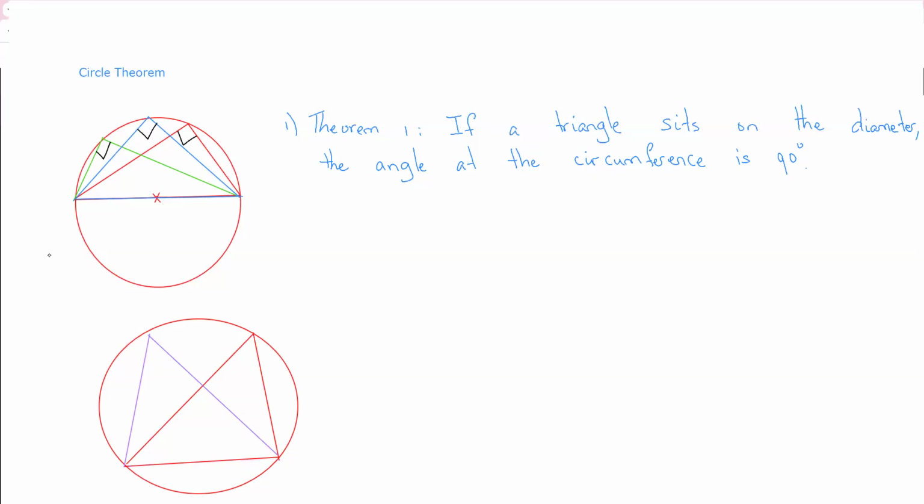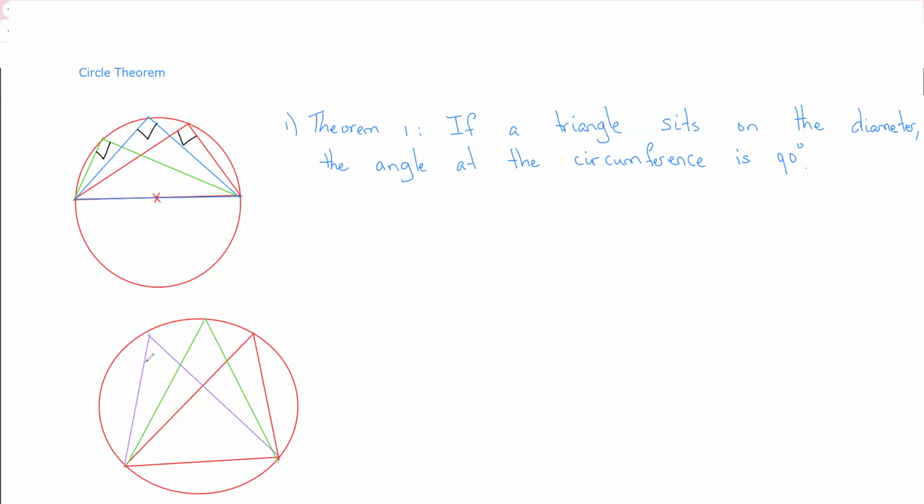Right? You could have them of different colors. But once they're all sitting on the same chord, we could identify that they're all sitting on the same chord. Then the rule will be that the angles at the circumference will all be the same. Right?